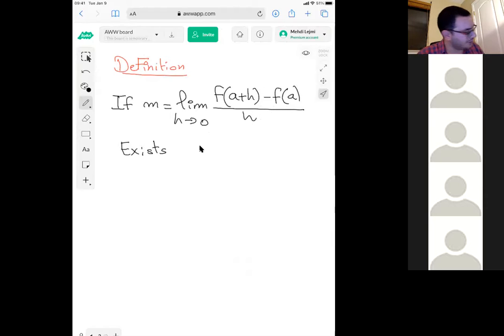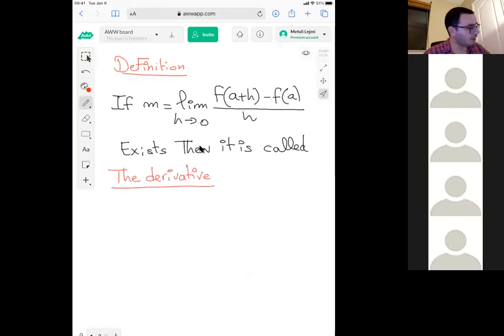It's called the derivative. All right, so the derivative of f of x at the number a, right?